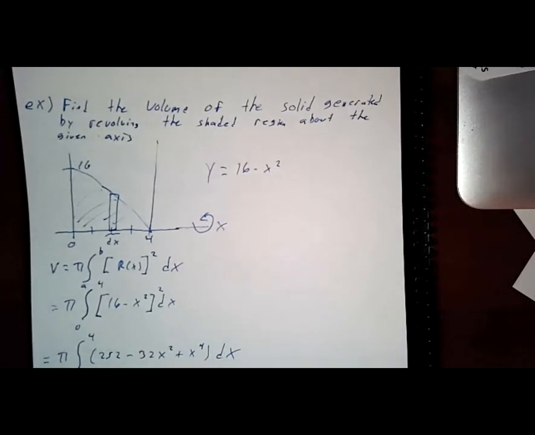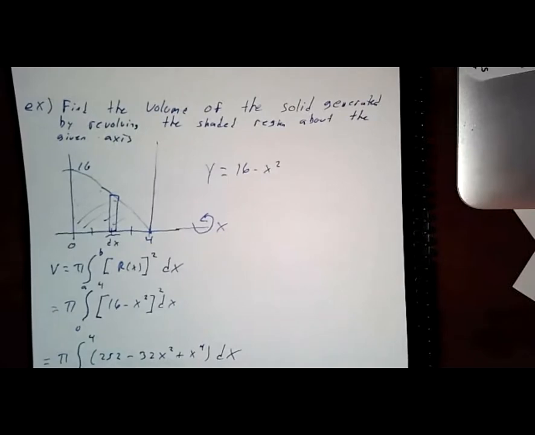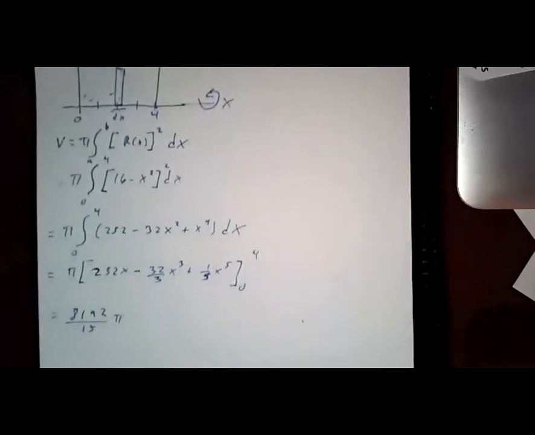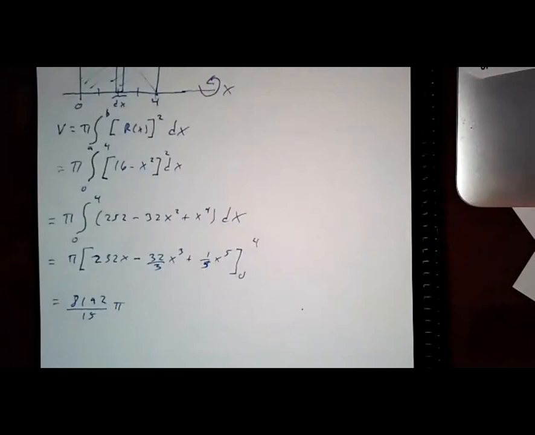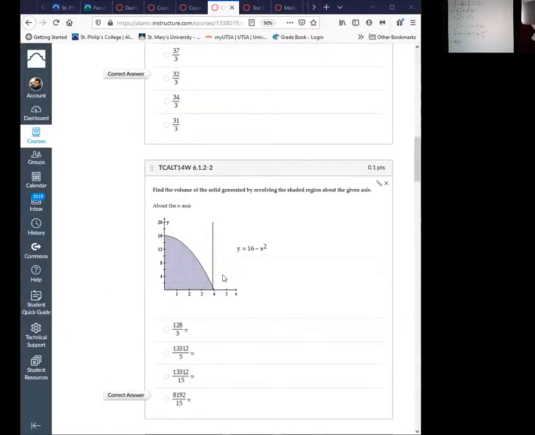So that'll give us 8192 over 15 pi. So that'll be this one here.